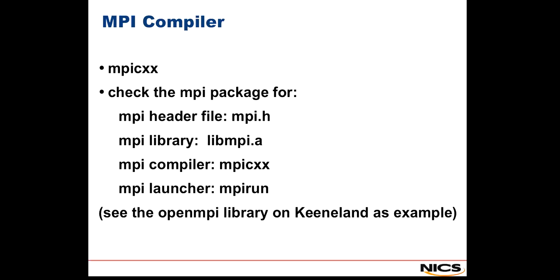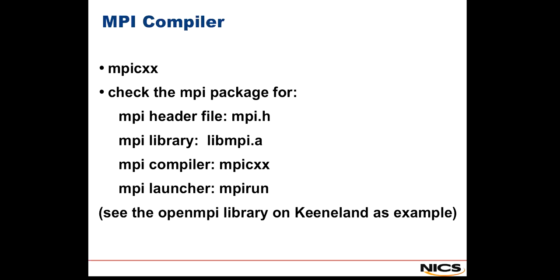If you want to use the MPI library properly, you need to offer the code the right header files, and also the right subroutines, such as MPI_Init, MPI_Comm_rank, MPI_Comm_size, you name it.